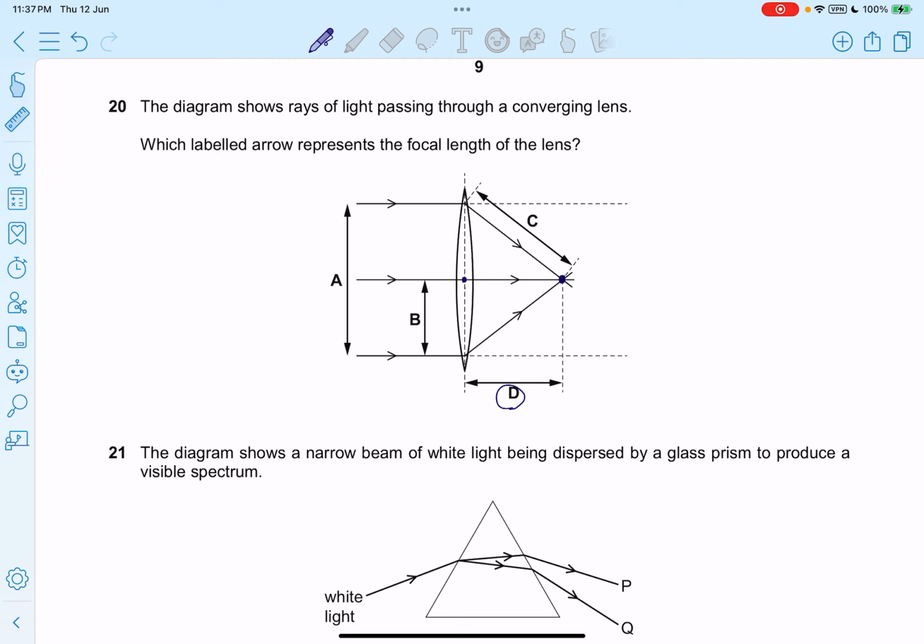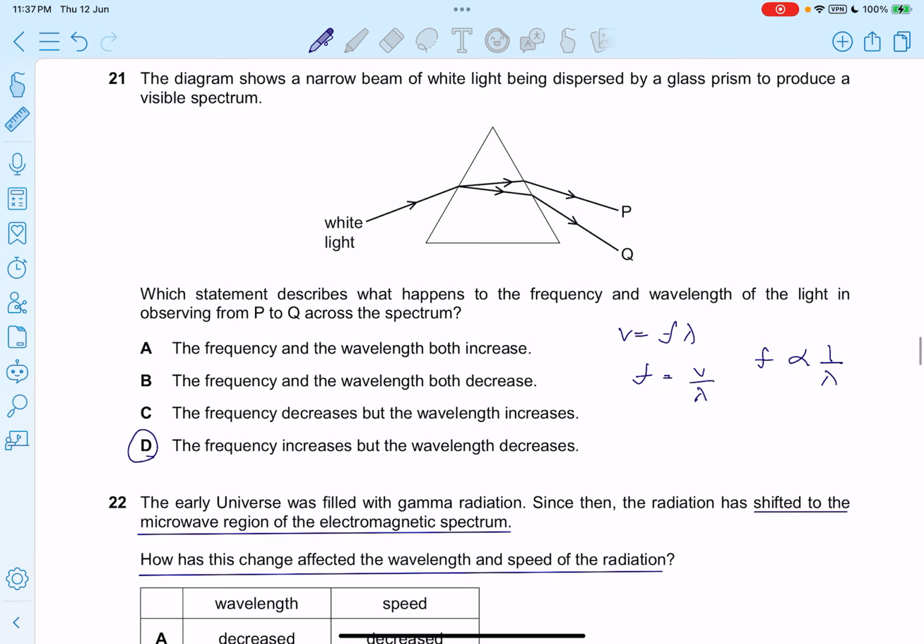So the one that's showing these two, the distance between these two points is D. So the focal length of the lens is represented by D, option D. So the correct answer for 20 is D.